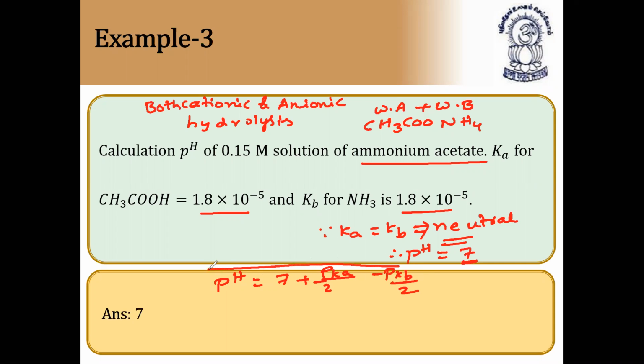So like this you have to note it down. In this case, the hydrolysis constant Kh, how to calculate Kh for this type of salt? Kh is equal to Kw by Ka into Kb. So these are the things we have to remember.